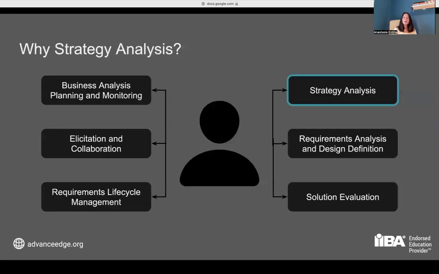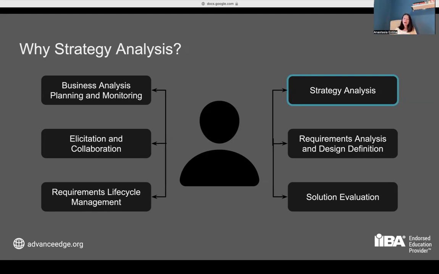So first of all, let's start with the question: why strategy analysis? Why are business analysts responsible for and actively engaged in strategy analysis? As you probably all know, one of the main books in the area of business analysis is the Business Analysis Body of Knowledge, or the BABOK Guide, that was elaborated, published, and released by the International Institute of Business Analysis.